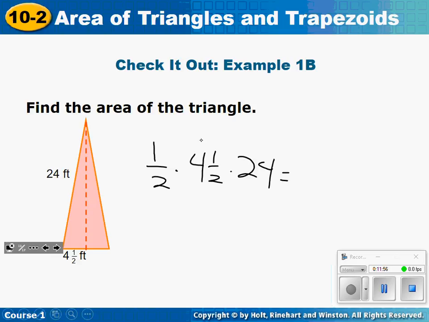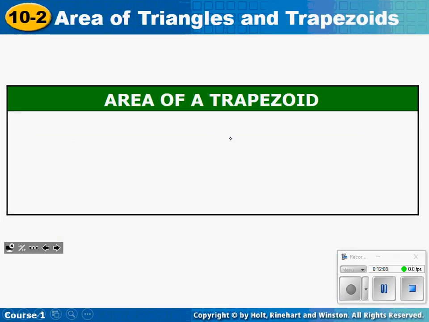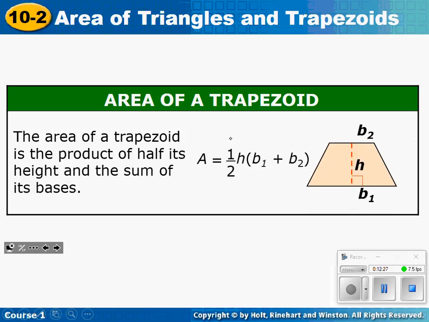All right, I got to move on. Another one that you want to write down, because you will not remember it, I promise: to find the area of a trapezoid. Remember, a trapezoid is a shape that has exactly one set of parallel lines. Corbin, please stop wasting my markers.